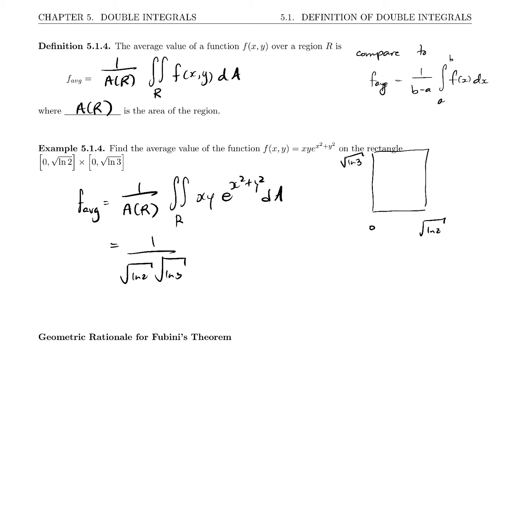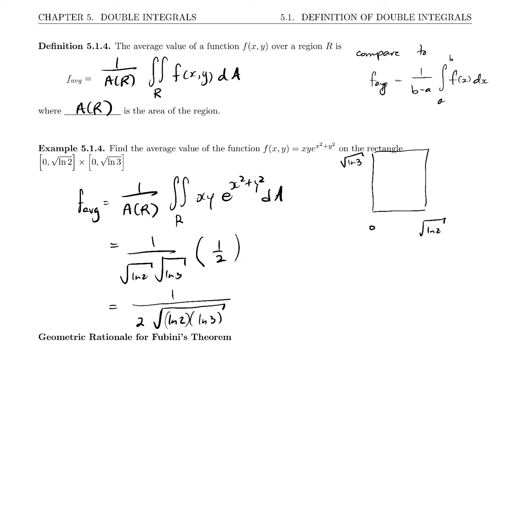And we had found that this double integral in a previous example came out to be, using Fubini's theorem, 1/2. And so our average value is 1 over 2 times the root of ln 2 times ln 3.